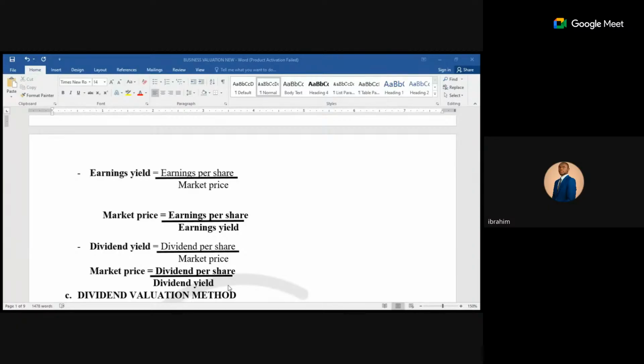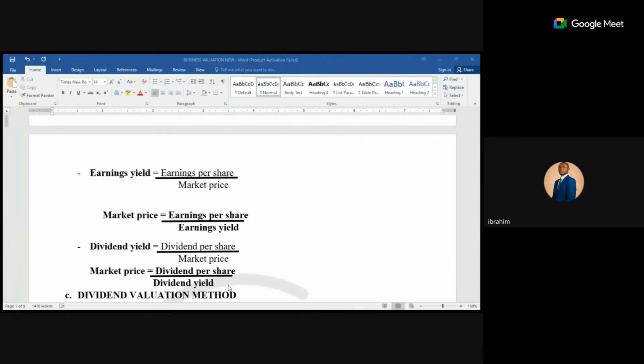Now, the dividend yield, plus the market price is still the market price. Just make the other one the subject of the formula. You will get the market price that you will be willing to pay for the target company.